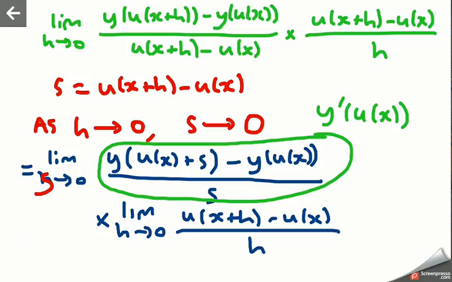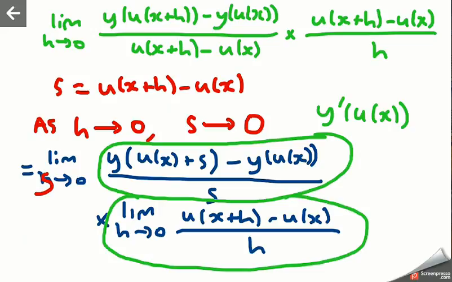Okay, and similarly, this second circle is actually u prime of x by definition, because it's u of x plus h minus u of x divided by h, and we're taking the limit as h gets closer and closer to 0. So times u prime of x.